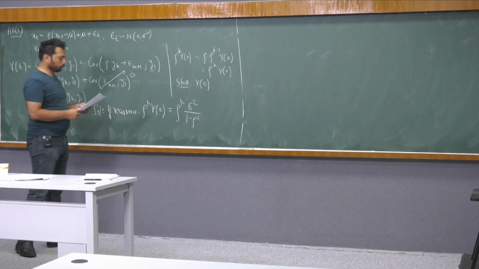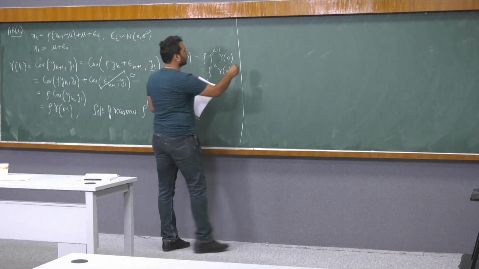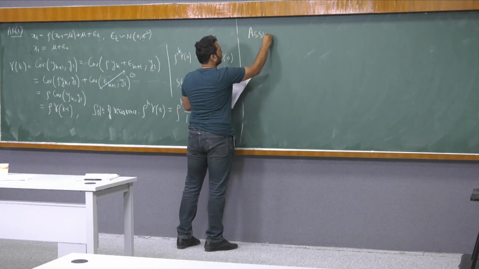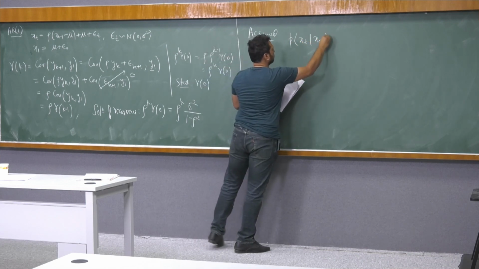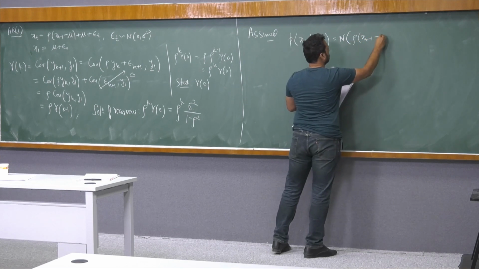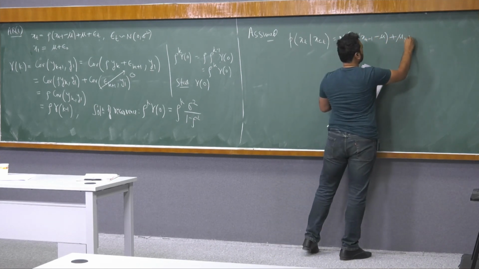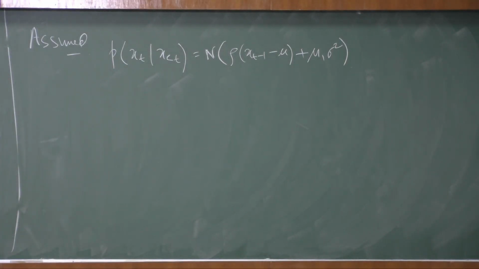If you recall, in our model we assumed that the probability distribution of x_t given x_{<t} is normal, with mean rho(x_{t-1} minus mu) plus mu, and variance sigma square. This is our template, the normal distribution we want to fit, and the quantities mu, rho, and sigma need to be found out.